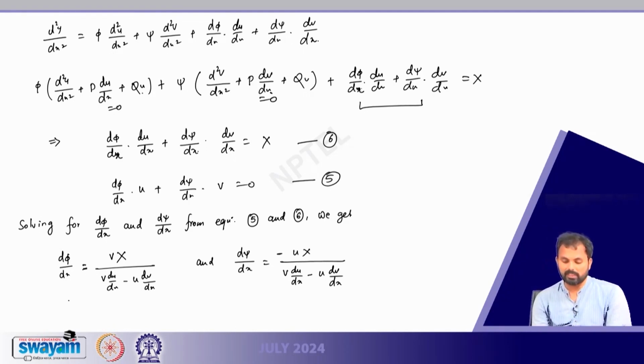Now you have basically an ordinary differential equation. On the right hand side we have entirely a function of x, and on the left hand side we have d phi dx.